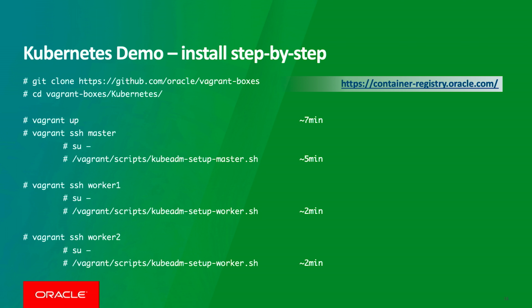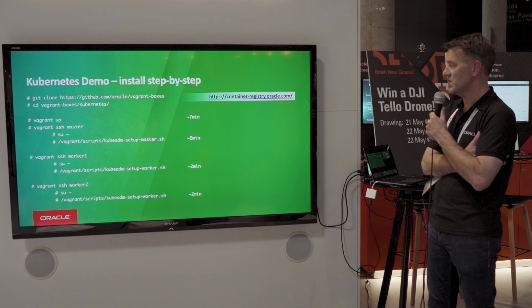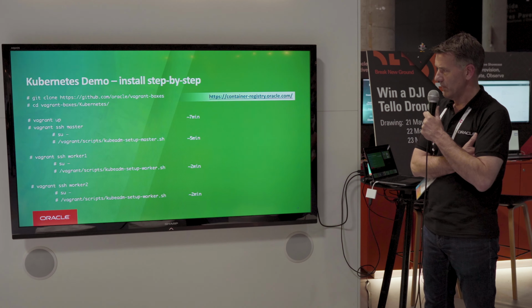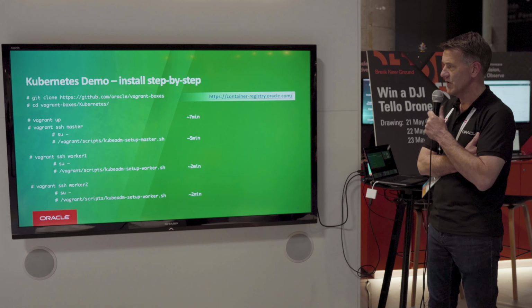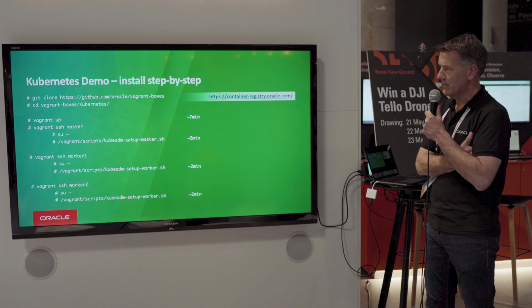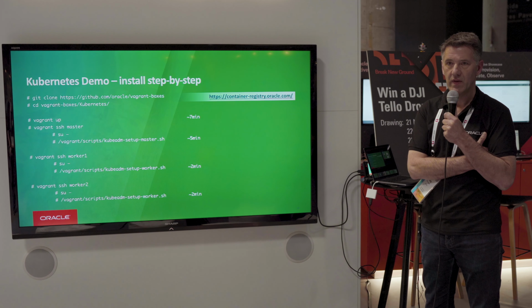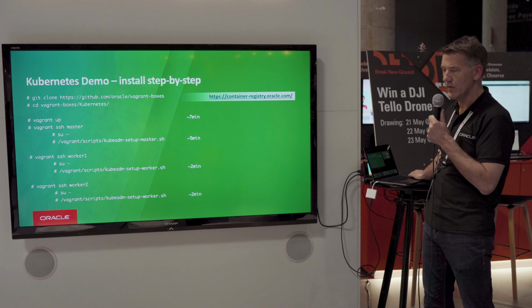You go to Oracle Container Registry and accept the terms and conditions. You run a Vagrant up in your notebook, and then you go into the virtual machine and run the provisioning script. So within 15 or 20 minutes, you have a nice 3-node Kubernetes cluster running in your notebook.